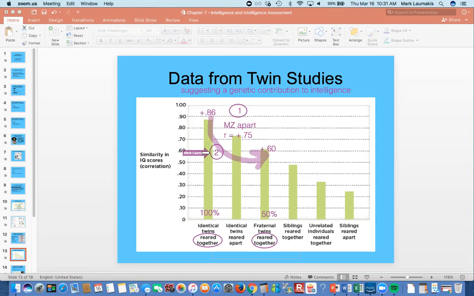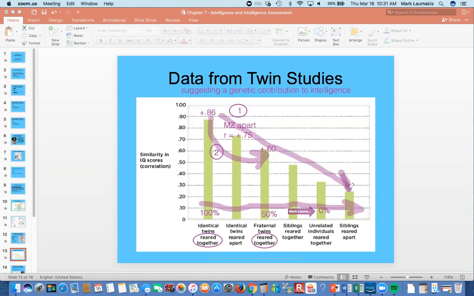Okay. The final take-home message here is, look, by the time we get over to the 5th bar, we've got a situation where we have unrelated individuals being reared together. They share 0% of their genes, right? Because they're unrelated. Well, as we move across here, people become less and less similar genetically, right? What happens with the IQ score correlations as we move across the slide?